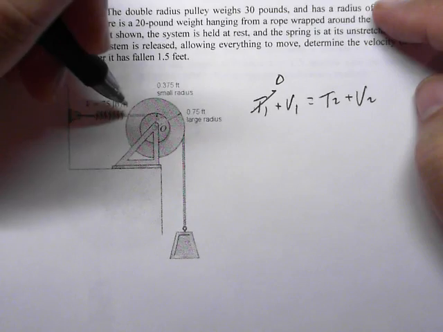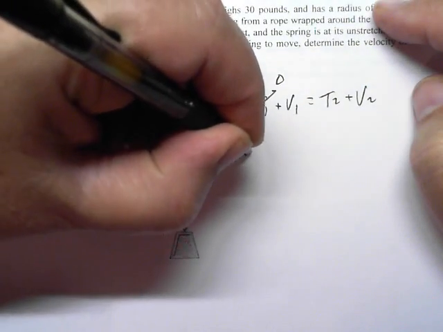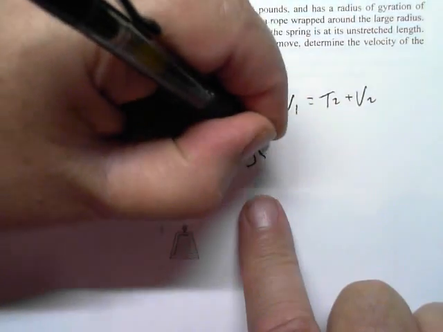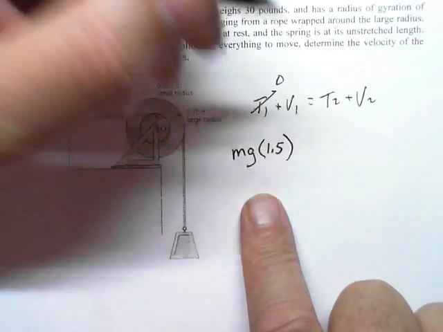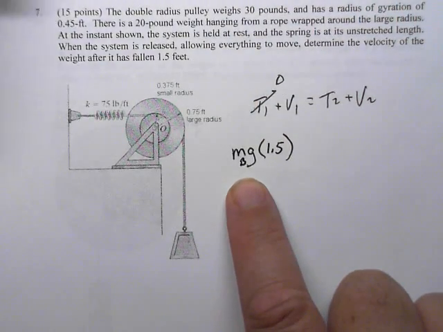The V1 is going to be mg times 1.5, and this is m of the block, the mass of the block.